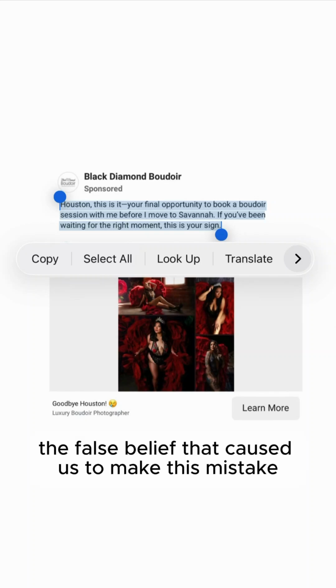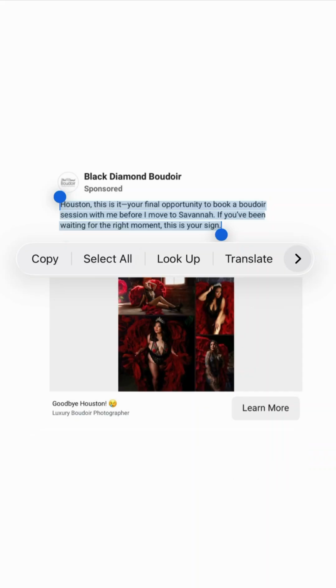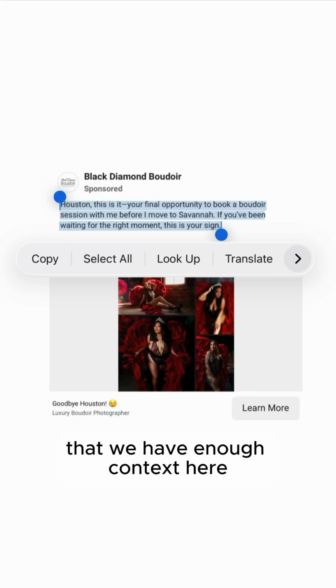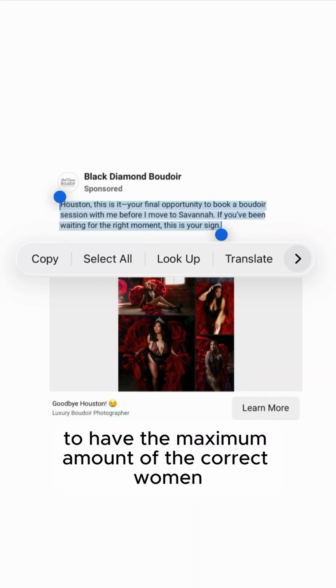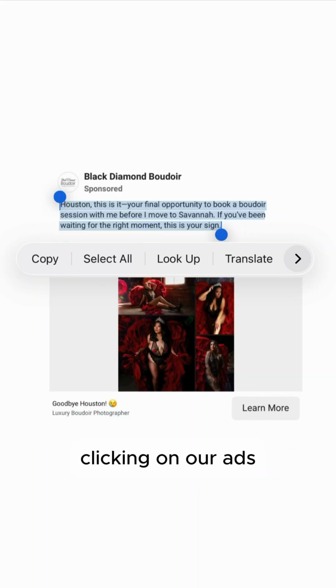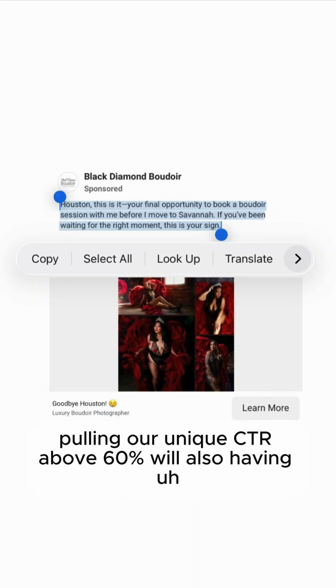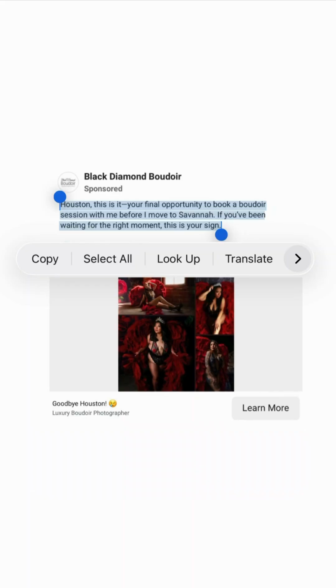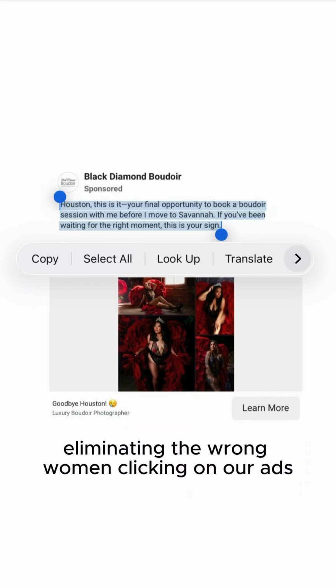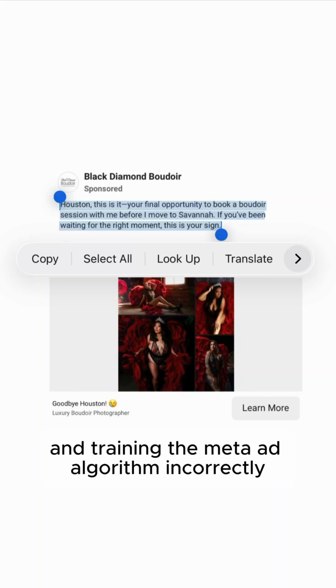The false belief that caused us to make this mistake is that we actually believe that we have enough context here to have the maximum amount of the correct women clicking on our ads, pulling our unique CTR above 6%, while also eliminating the wrong women clicking on our ads, which would be wasting our money and training the Meta ad algorithm incorrectly.